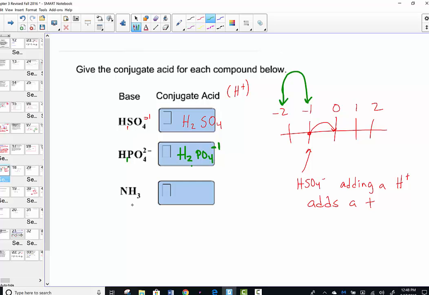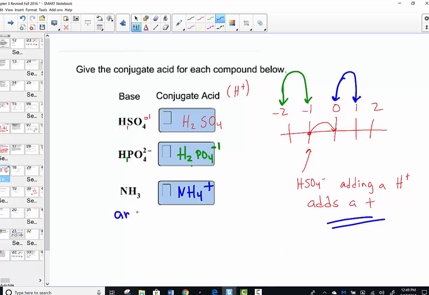And your last one is ammonia, NH3. Notice that it starts at a 0 overall. And if I'm starting at a 0 and I become one more positive by adding a proton, you form NH4 +1 overall charge. Adding a proton makes it one more positive on the number line.